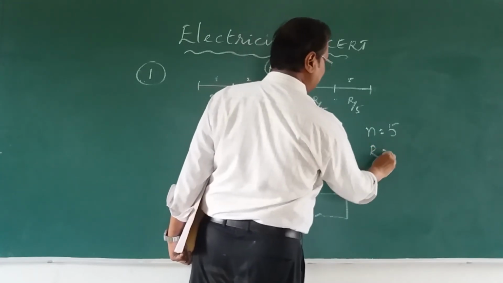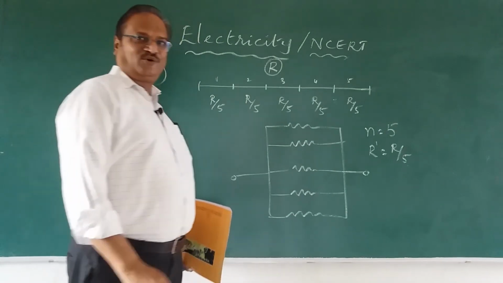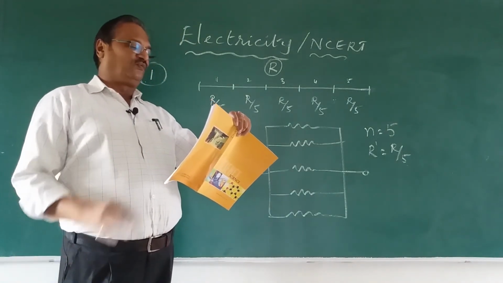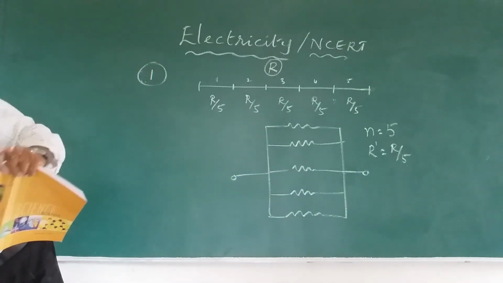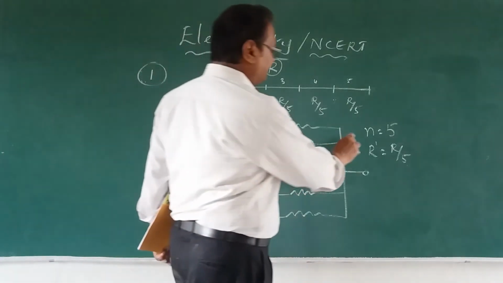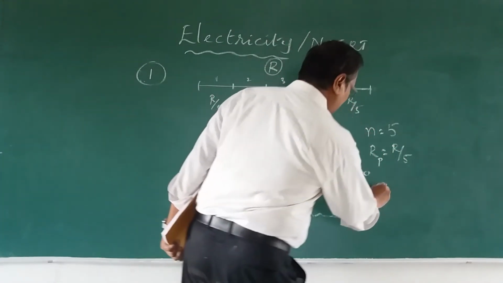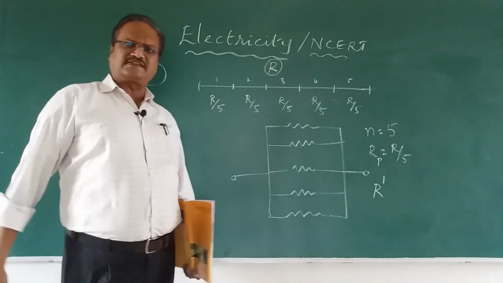Each one is having a resistance, how much? R dash you call it. R upon 5. Now, they are asking the equivalent resistance. Equivalent resistance R dash. What is the equivalent resistance?